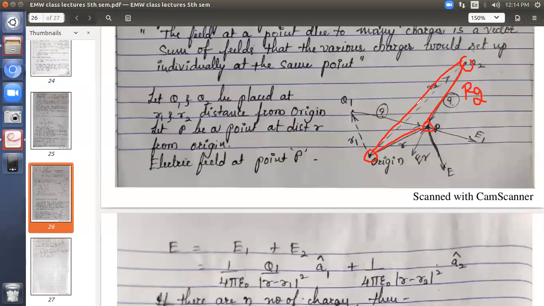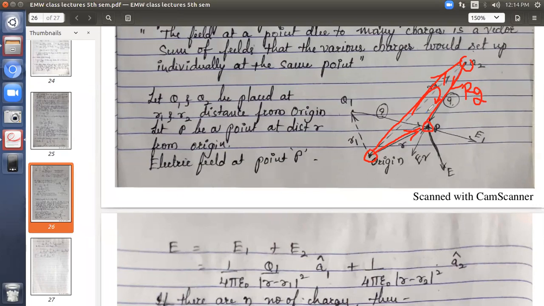Again, there is a triangle formed: from origin to P, one line direction, from origin to Q2, one more direction. So there has to be a continuity from the point. In this continuity, take this as the direction. You may ask me one more thing: from origin to P, we have one direction.